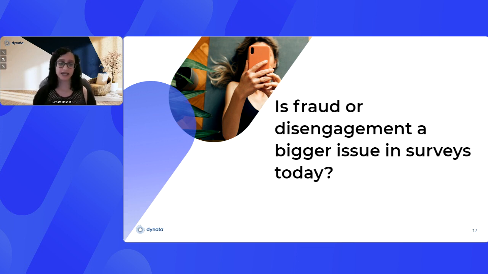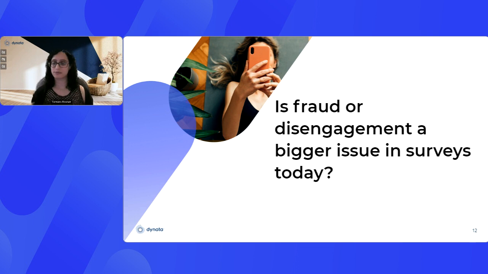So at Dynata, we have many different systems working together to take a holistic, multi-layered approach to ensuring respondent quality. QualityScore is just one piece of the puzzle. It is a big piece. It's an important piece, but there are so many other systems working in tandem to help ensure respondent quality at Dynata. And so in a sophisticated system like ours, fraud is much less of an issue than disengagement.